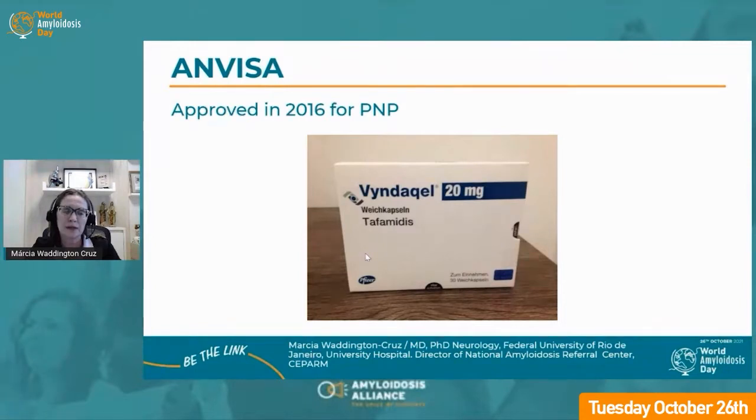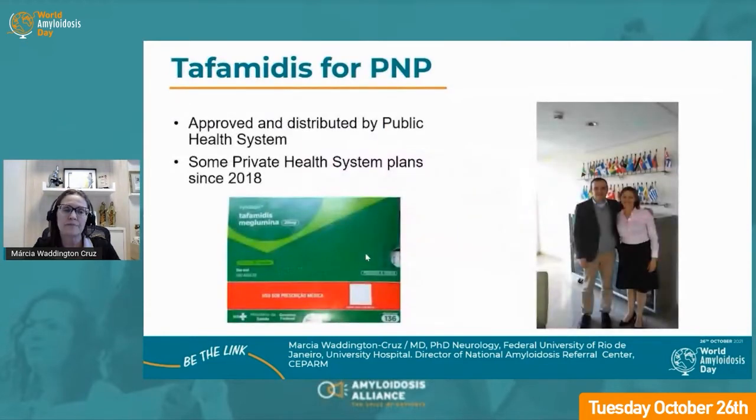The first medication that was approved in Brazil by Anvisa, our FDA, let's say, was Tafamidis in 2016 for polyneuropathy. At that time, you used to see boxes that came from other countries like Germany. Tafamidis has been distributed by the public health system since 2018, and now you see the new green box that is bought and distributed completely for free to the patients by our Ministry of Health.